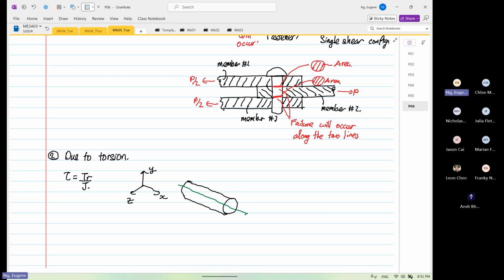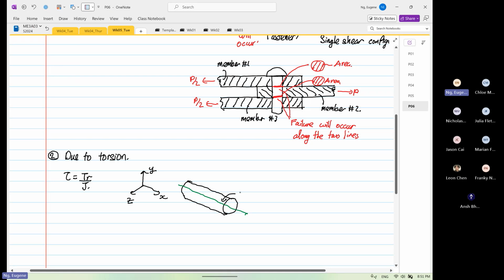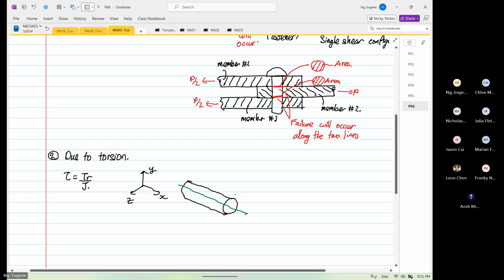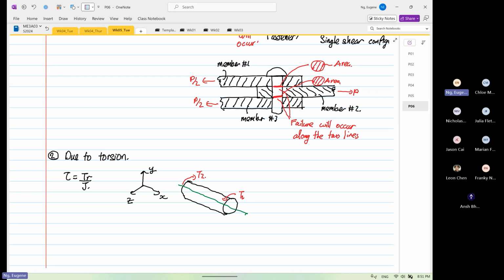And then what happens is you have torque applied in one direction, and then you have torque going in the opposite direction. For this case, we can declare that T1 is equal to T2 is equal to T. So the other one is due to torque.